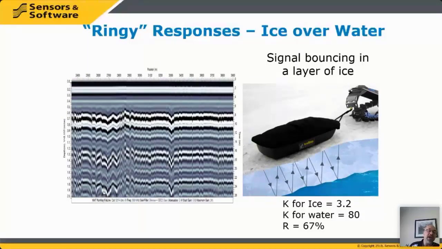If you're an ice profiler, GPR is used for measuring ice on ice roads. If you ever watch Ice Road Truckers, you'll see stuff like this. They're taught to only look at the first response. The first response is actually the bottom of the ice. All these other responses are just multiples of the energy bouncing up and down.